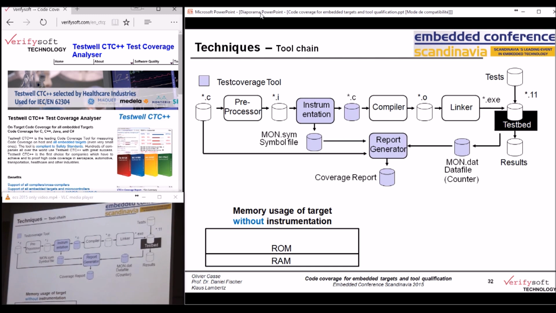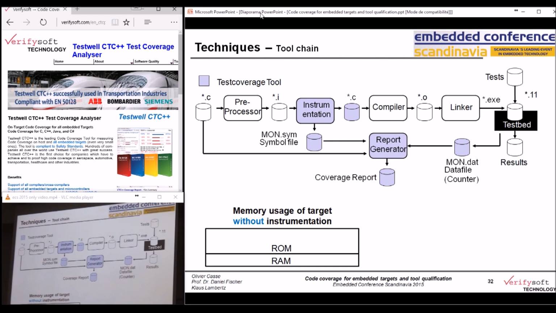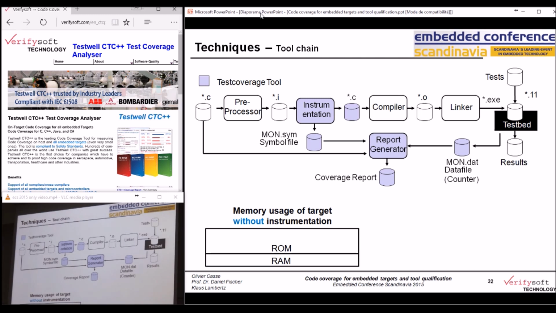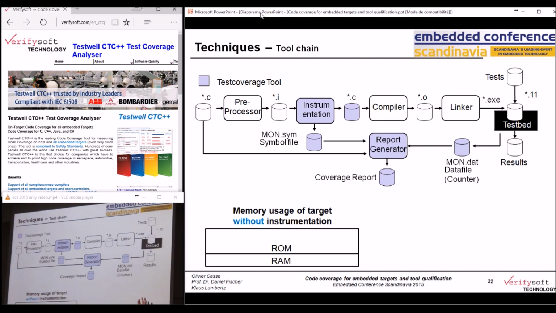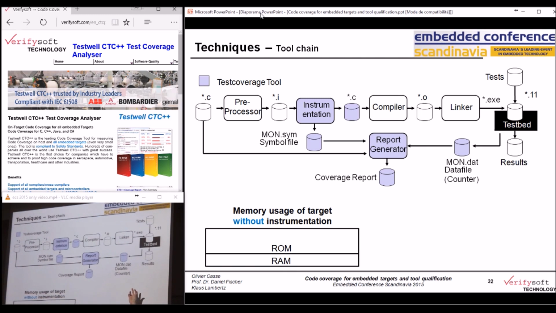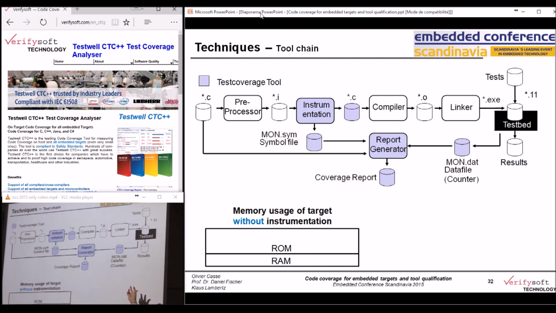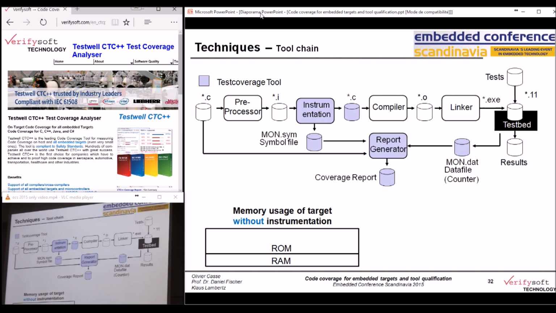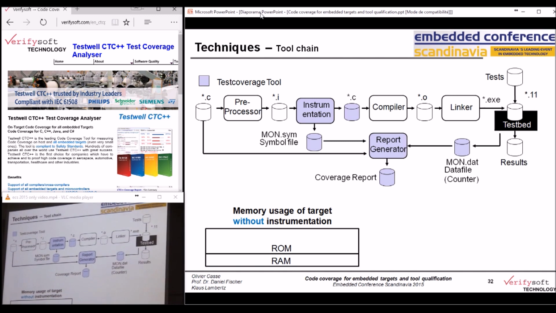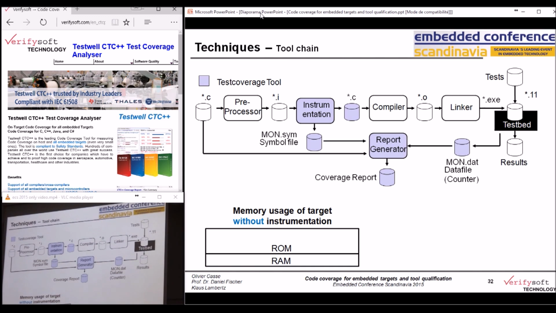And then we compile and link these instrumented source files. We get an executable, so an instrumented executable. And then by providing the unit testing, we get as a result a data file, which is called mandandat, with all the values information in it. So now in order to generate the report, we just need to compare the two and we produce a report. That is it.